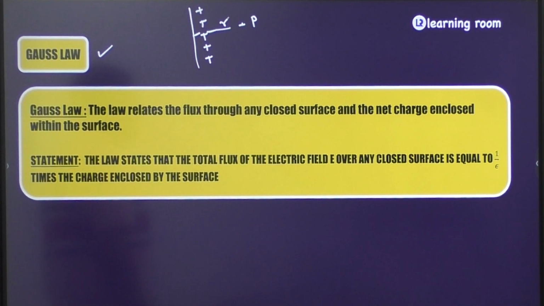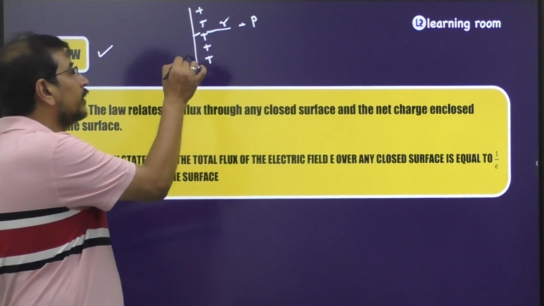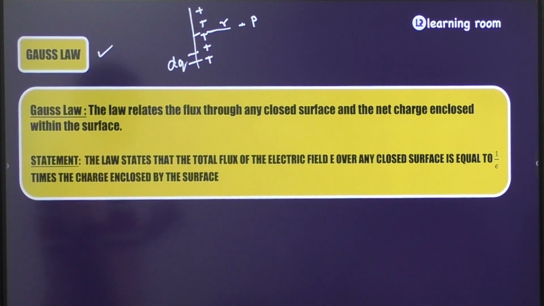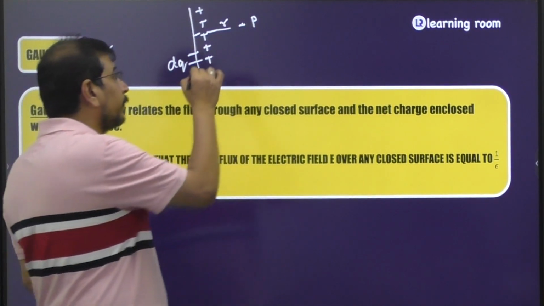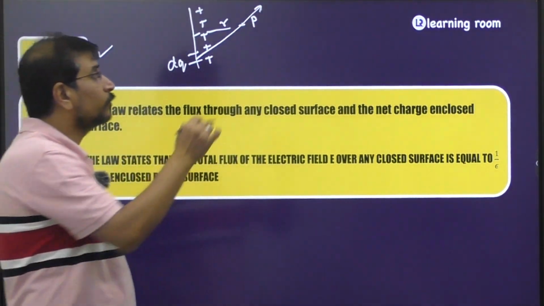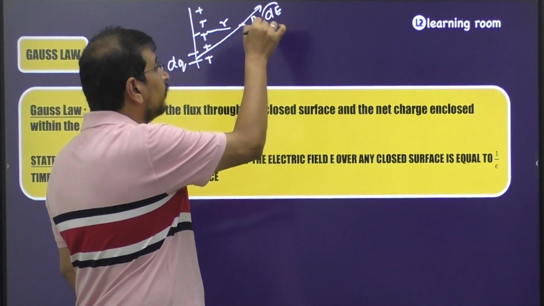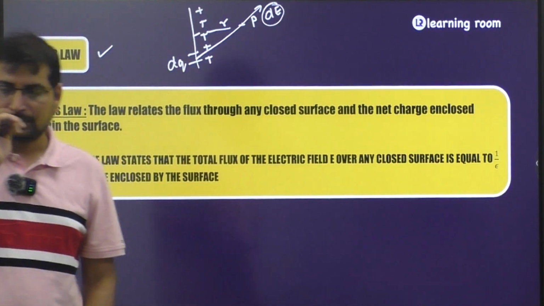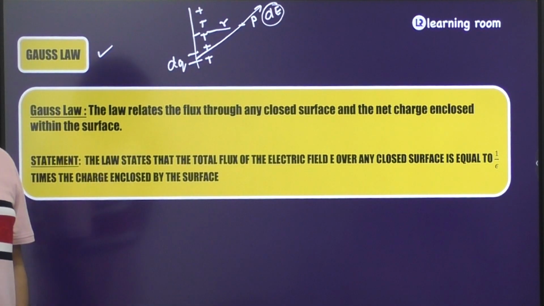Maybe I can if I'm able to break it into an infinite number of point charges. So I need to take a small point charge dq, find the electric field due to this at this point, which is going to be dE, and then integrate it, which is a tedious process. You can do it, you will get an answer, but it will be slightly difficult.